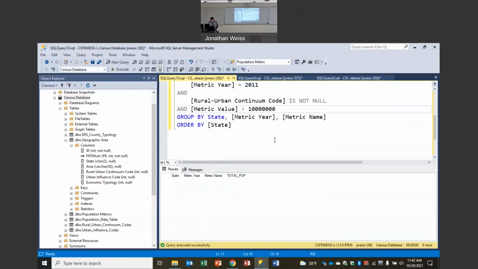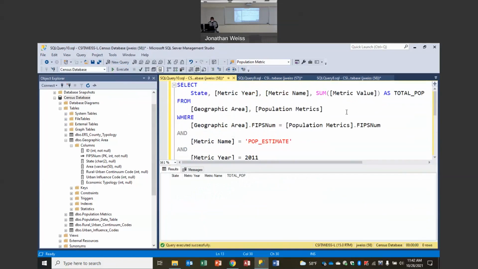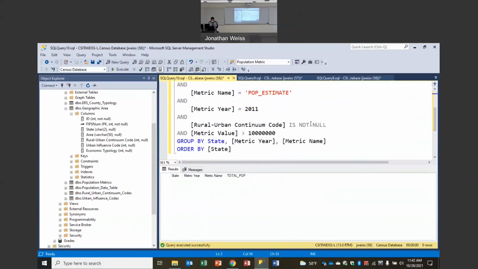Oh, sorry. Okay. This should be metric value. Here we go. I copied the wrong query.